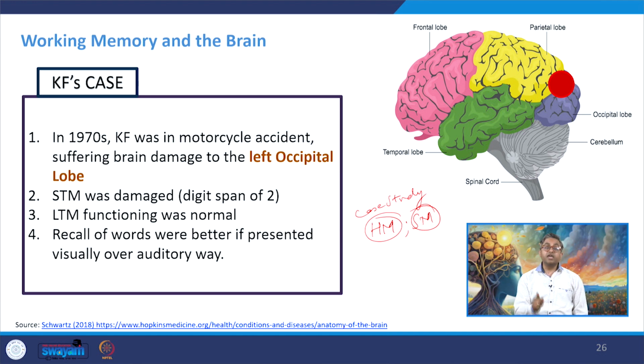However, his working memory capacity, his working memory formation, got impaired. So researchers tried to investigate how he is able to form new memories but is not able to execute tasks related to working memory.